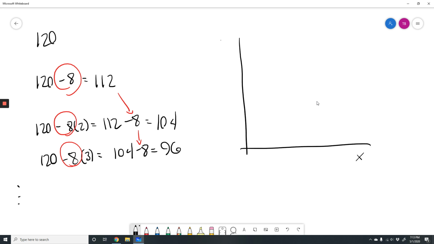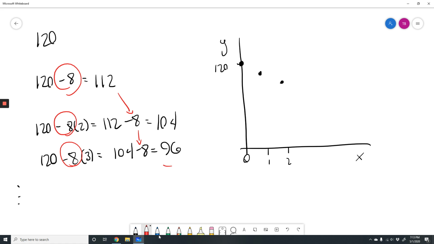So here's X, our number of days, here's Y, our tons of waste, okay? So after 0 days, we have 120 tons of waste. After 1 day, we've gone down to 112 tons of waste, right? So 112 is somewhere down here. After 2 days, we're all the way down to 104, which is, let's say, right there.